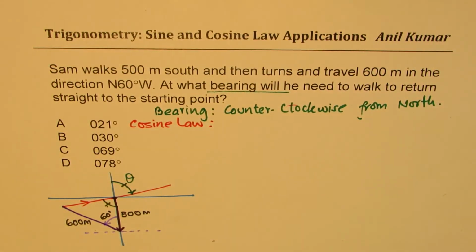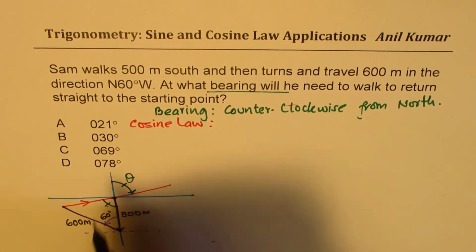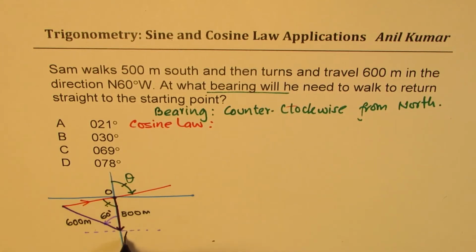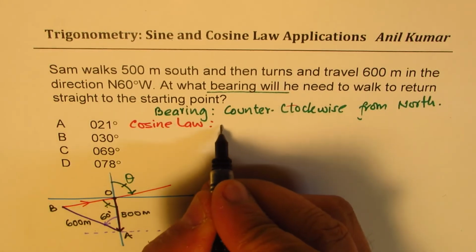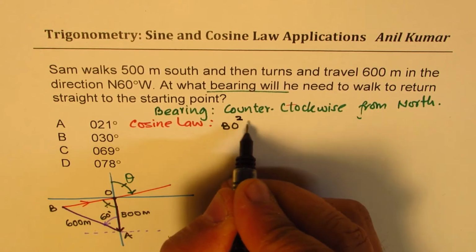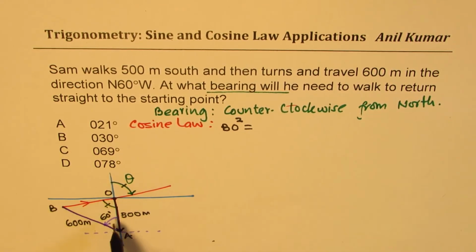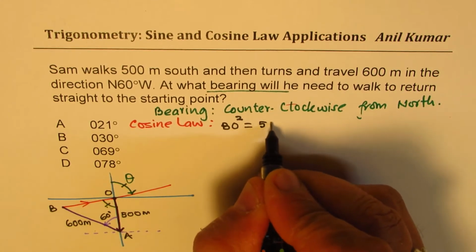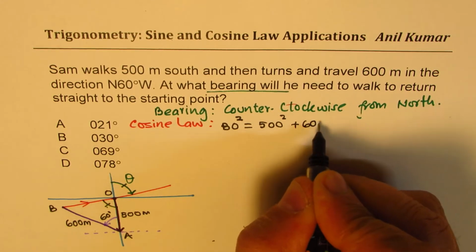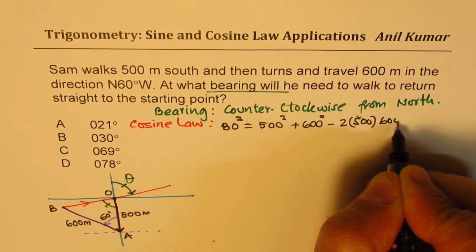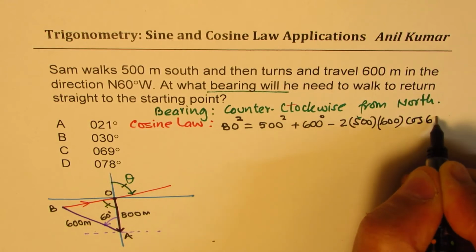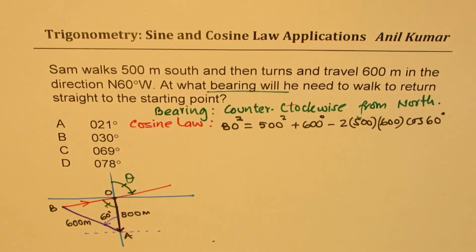Now these are important steps. So as we go along, we'll also reason out why we are doing whatever we are doing. So let me label these points, call this as O, A and B. So distance BO will be what? We can write B to O whole square should be equal to, using cosine law, this square plus that square, which is 500 square plus 600 square minus 2 times 500 times 600 times cos of the angle in between them, which is 60 degrees.